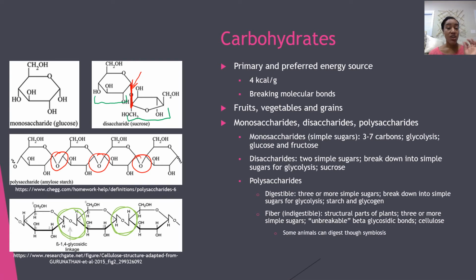It looks like a very, very small, minute change, but it's enough to make a world of difference. So our bodies can't break this down, and these polysaccharides will just travel through the digestive tract whole and be excreted from the body. An example is cellulose, part of which this picture is showing you.